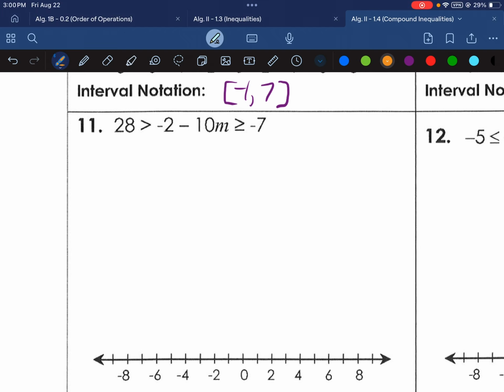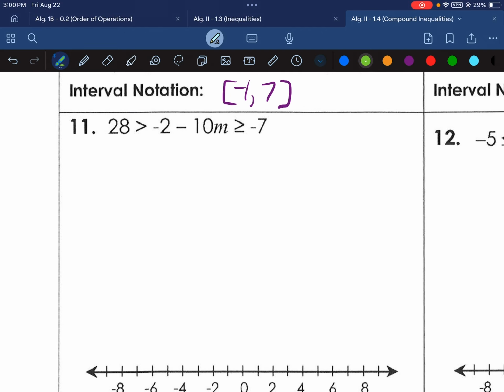Moving on to number 11, we're going to be continuing to do the same thing. Now notice here, these are greater than symbols. That's odd. Let's work through the problem, and I think we'll realize why that's the case. So I have to start by adding 2 on all 3 parts here. I almost said both, but all 3 parts. And we get 30 is greater than -10m, which is greater than or equal to -5.